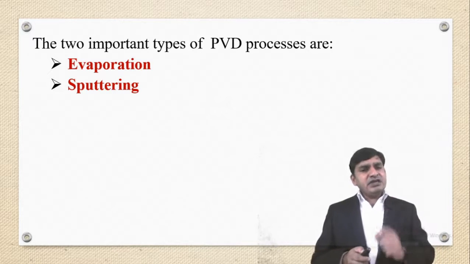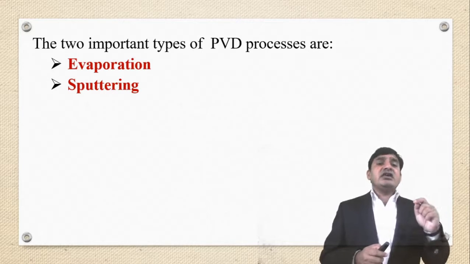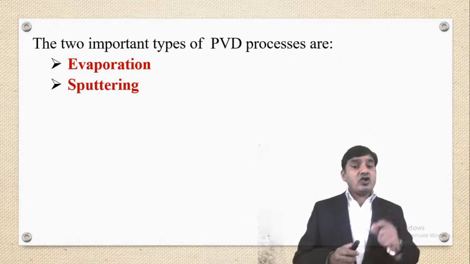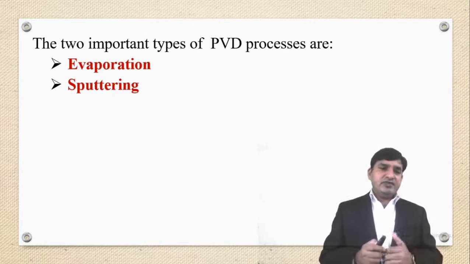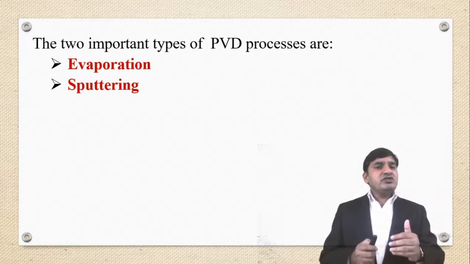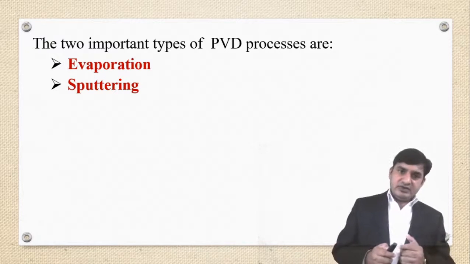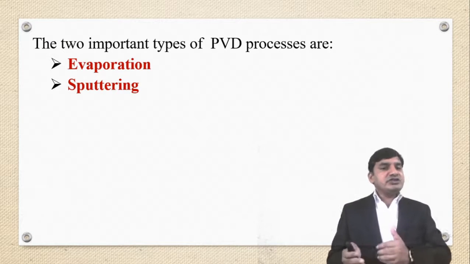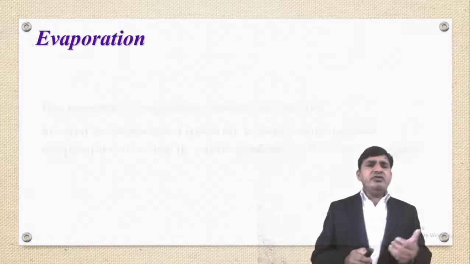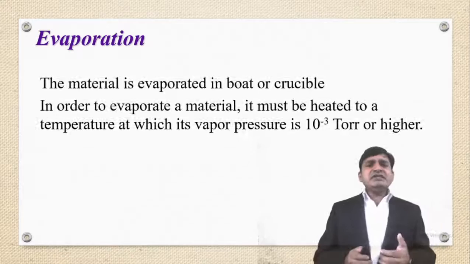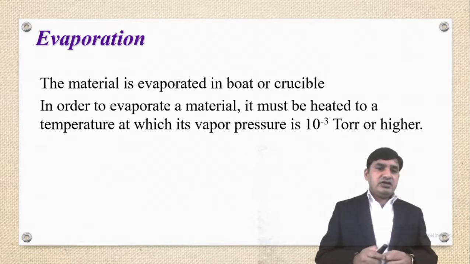And in the sputtering technique, an inert gas such as argon is incident on the material. This process we have to discuss in the next lecture. Now, evaporation: the material is evaporated in a boat or crucible.